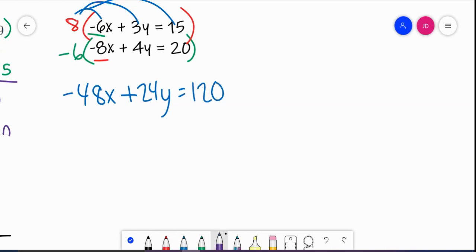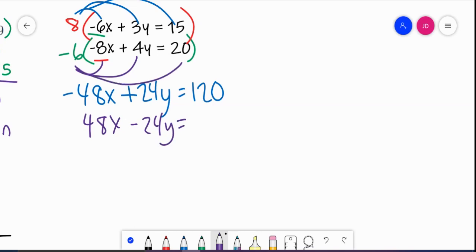Now I distribute the bottom part. -6 times 8x is positive 48x. -6 times -4 is 24y. -6 times 20 is -120.